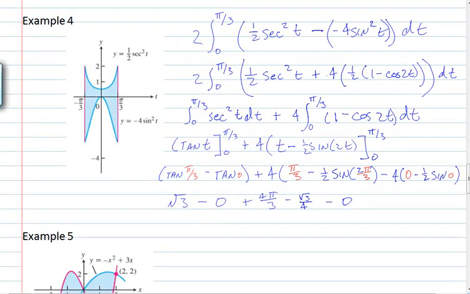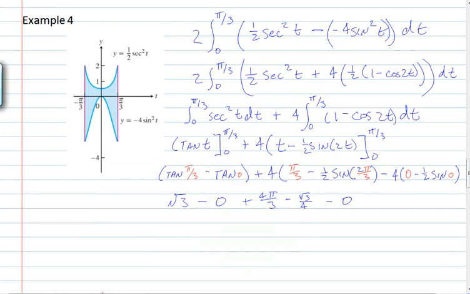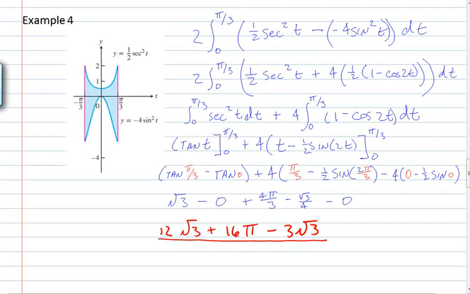So this is going to be 4 square, oh, hang on. Let me drop this down. This is going to be getting it as one term, getting a common denominator. That's 4 square roots of 3 plus 12 square roots of 3 plus 16 pi minus 3 square roots of 3 over 12.